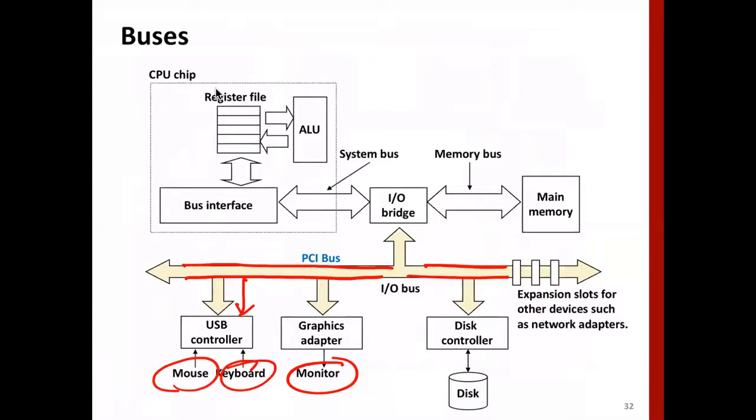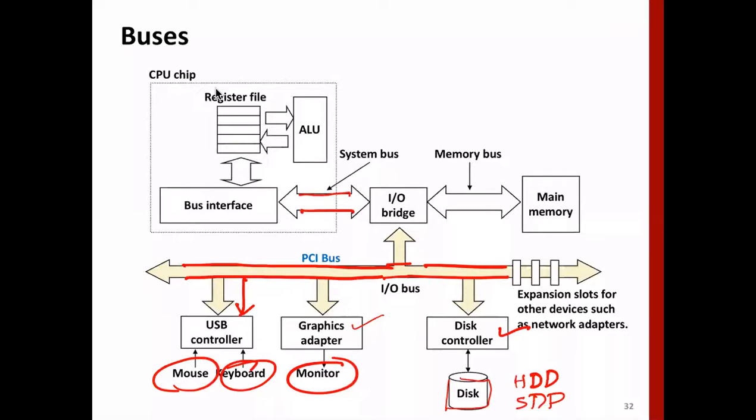It can connect to a monitor where you can visually see things. So there has got to be a graphics adapter, then it's connected to the disk drive, hard disk drive or SSD, again through IO. So this bus is connecting various components of the computer, and then there is an internal system bus.